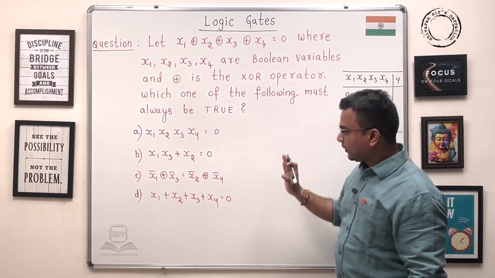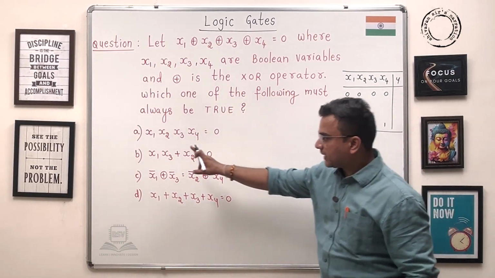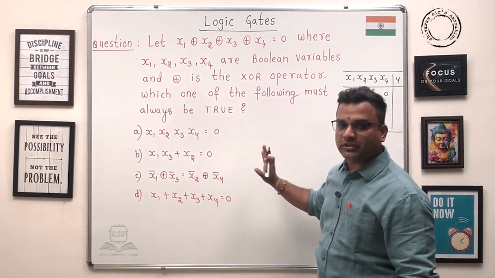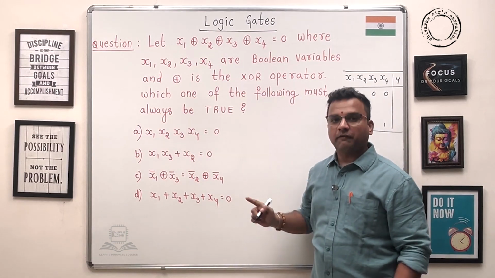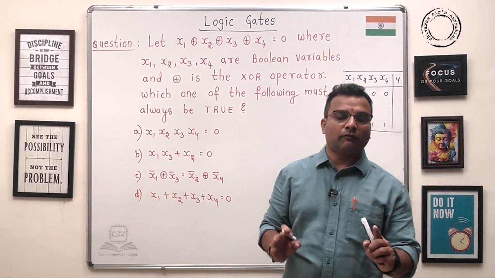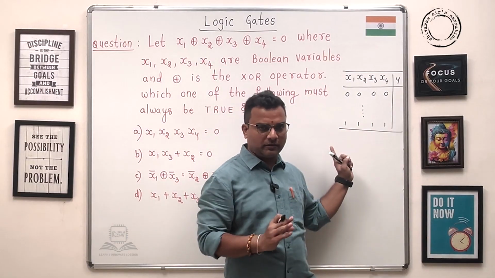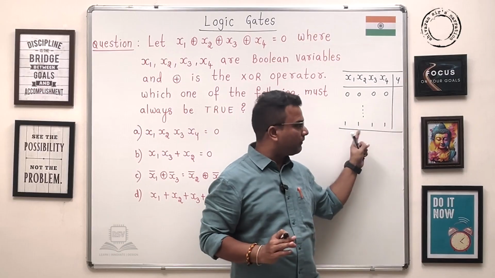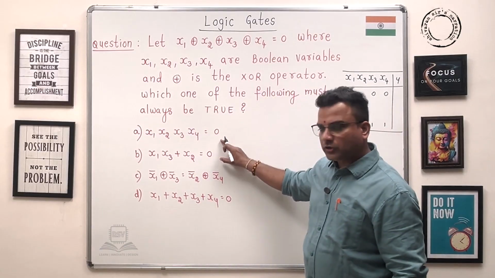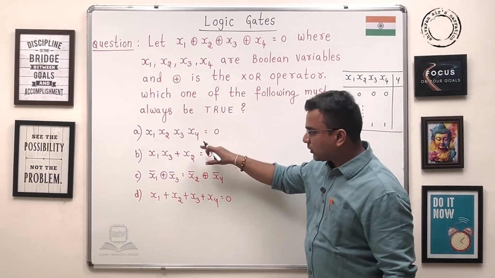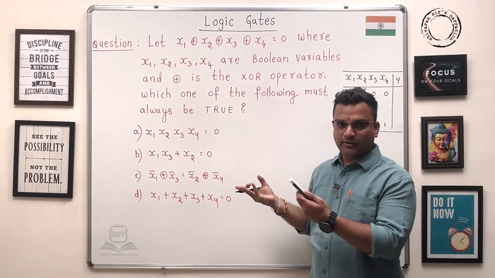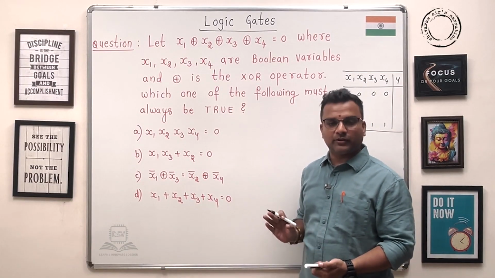Guys, here you see from the options, x1 x2 x3 x4 is equal to 0. How is this correct when the inputs are all ones? Let's take one combination. When all the inputs are 1, is it true? No, because 1 into 1 into 1 into 1 is 1 only, it is not 0.